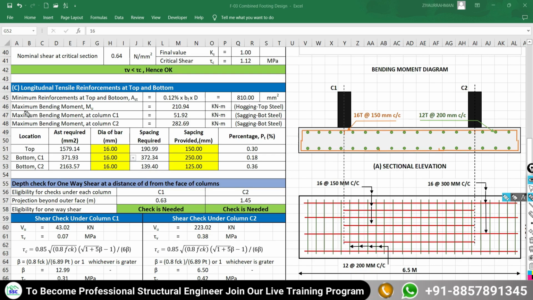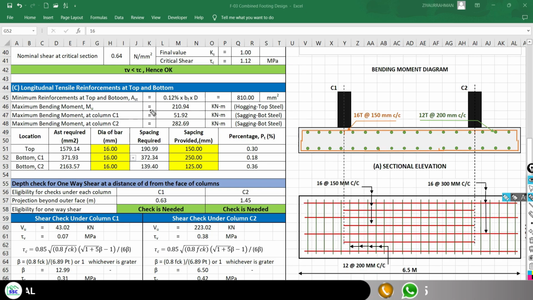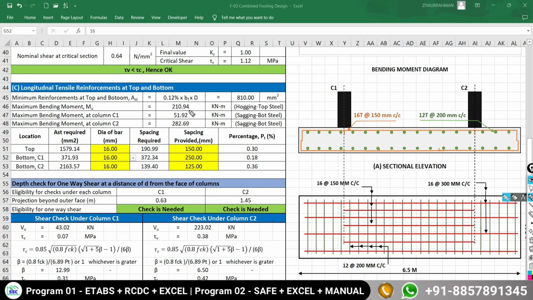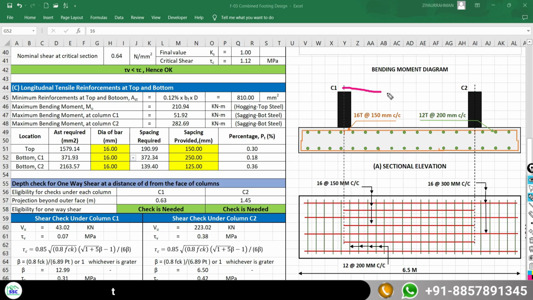And the maximum ultimate bending moment we are getting is 210.94 kilonewton meter as a hogging bending moment, as we have seen earlier in the bending moment diagram between the C1 and C2 columns. The maximum bending moment is negative, and that's why we need to provide the reinforcement at the top.